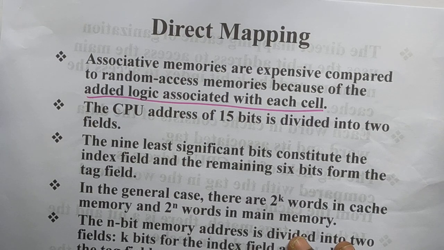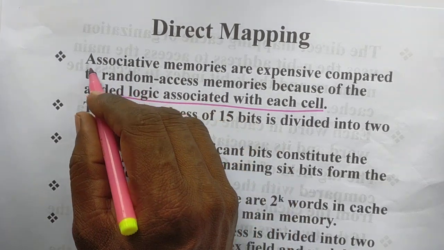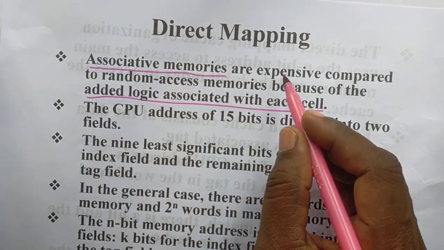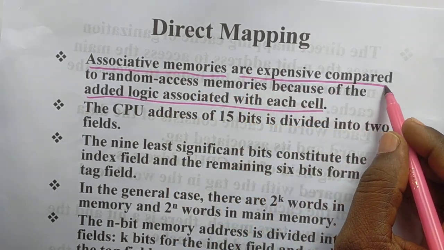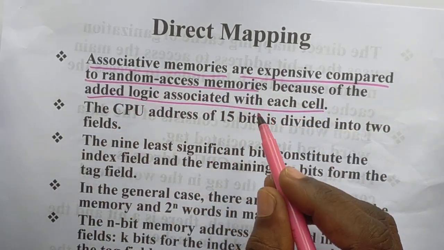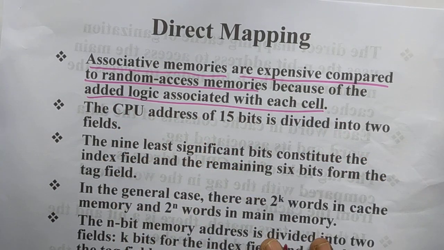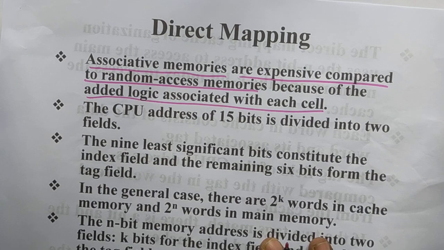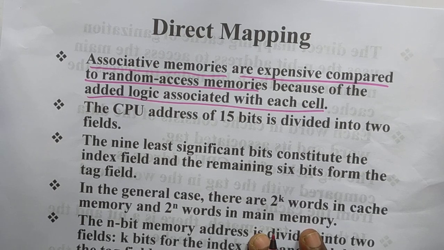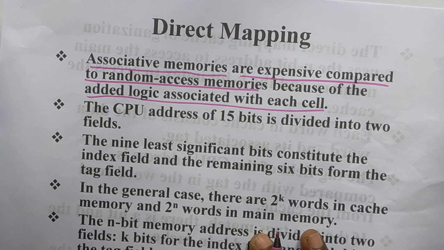That is the disadvantage of associative memory. So for that reason, associative memories are expensive compared to random access memories because of the added logic associated with each cell. Last class we discussed that whenever a number of cells are created, it is designed through certain logic circuits. So if more cells are required, obviously it is more expensive.